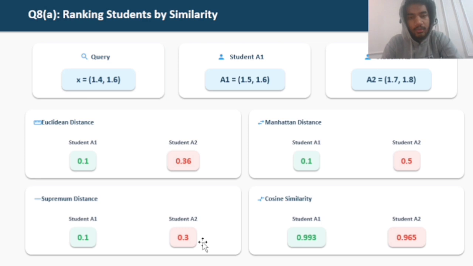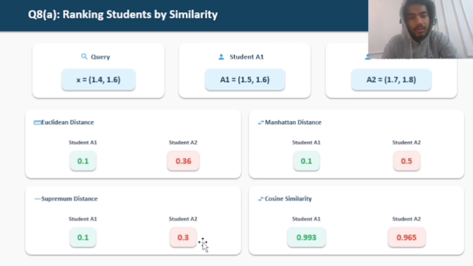First, we calculate Euclidean distance, which comes 0.1 and 0.36 for A1 and A2. Second, we calculate Manhattan distance, which comes for A1 0.1 and for A2 0.5. Third, we calculate supremum distance, which comes for A1 0.1 and for A2 0.3.